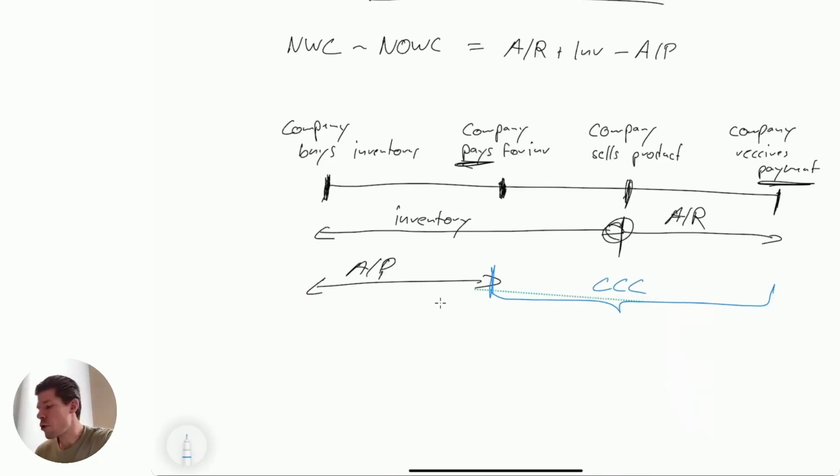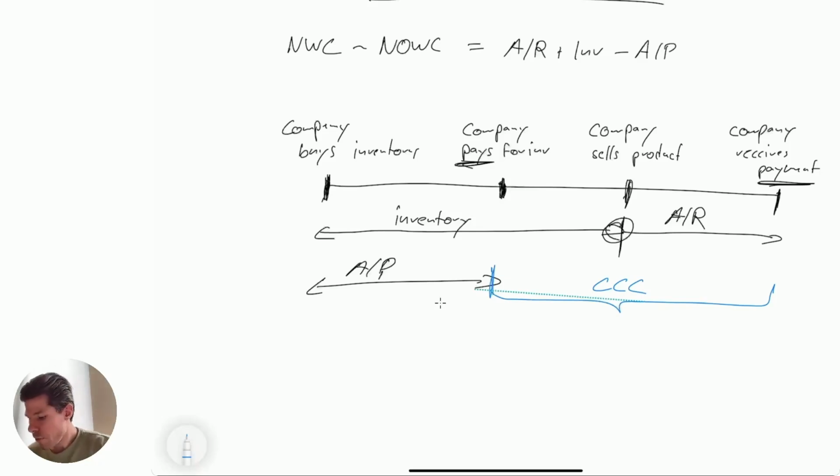That's the time. And this is quite critical because the longer it takes between paying your supplier and receiving payment from the customer, the longer this gap needs to be financed by the company. They need to use other financing means to fill the gap they have.